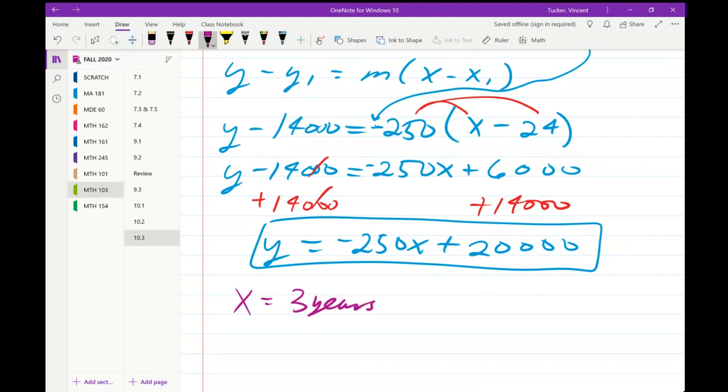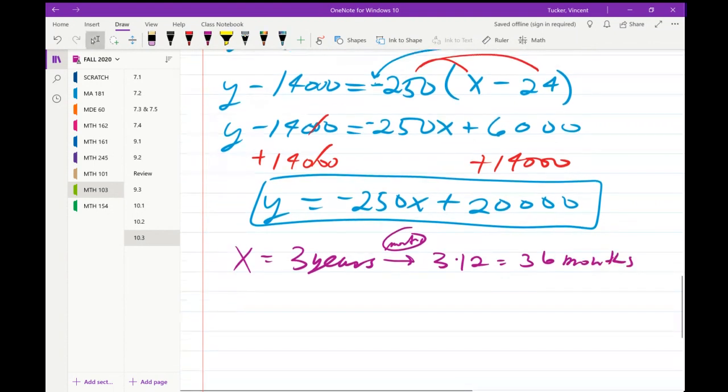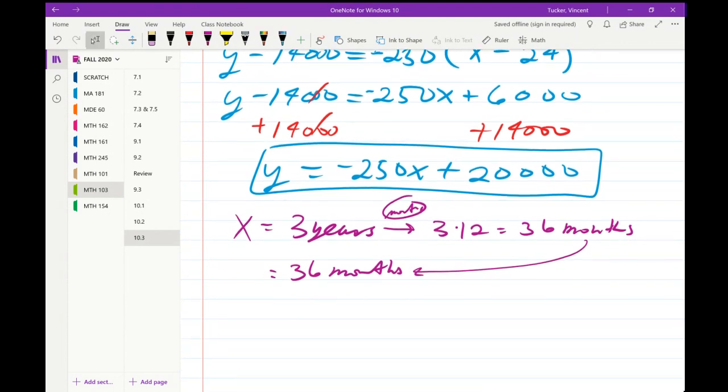Don't forget, we have to convert it to months in order to use this equation. So multiply the 3 by 12, get 36 months.